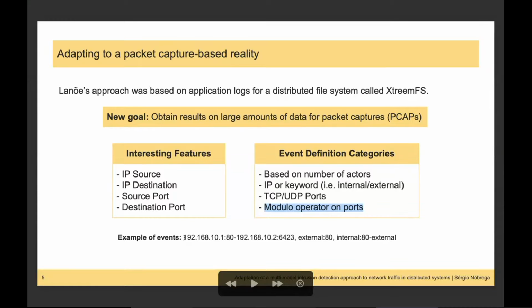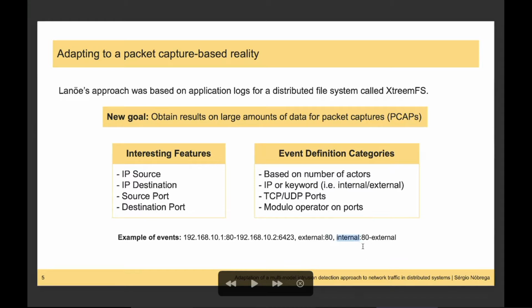And here you have a few examples of events. So here you have two IPs, so you can say that this is the source IP, the source port, the destination IP, and the destination port. Here you have either the source or destination keyword and the port.